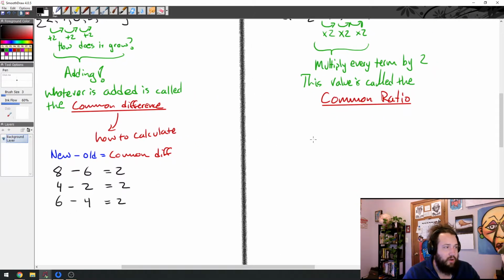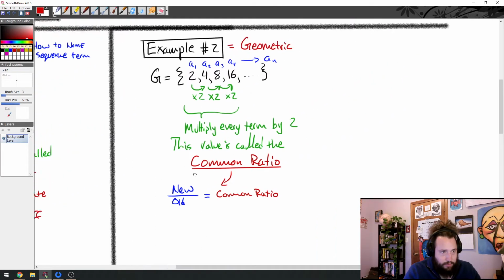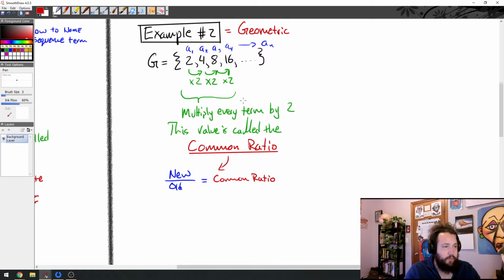Now, how would I calculate my common ratio? All I have to do is take my new and divide by my old. In this example, my new might be 16. So I could take 16 divided by the one right before it, which is 8, and that equals 2.